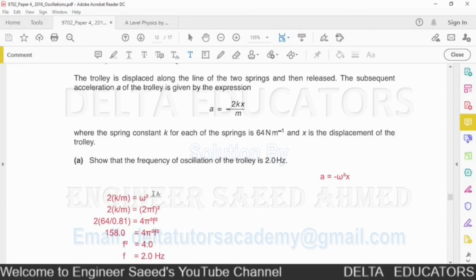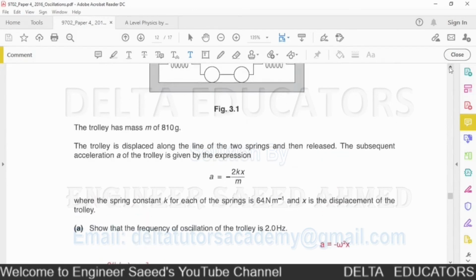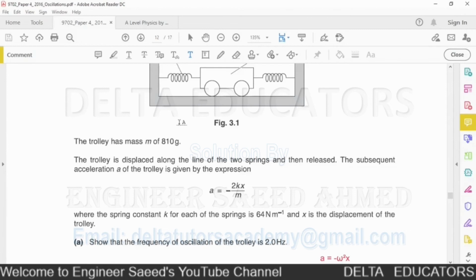Now this omega is angular frequency, that is equal to 2 pi f, where f is the frequency, or we can say the linear frequency. The value of k is given, it is 64 Newton per meter. The mass is given here as 810 gram, but we have to consider mass in kilogram.